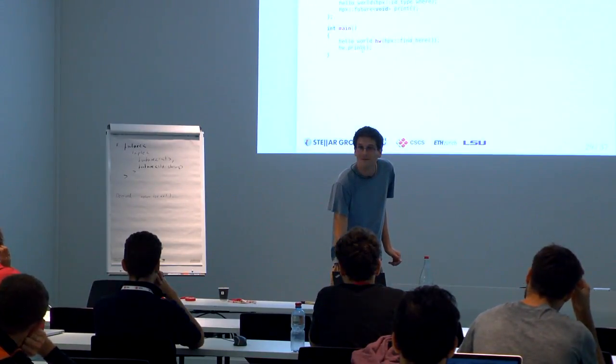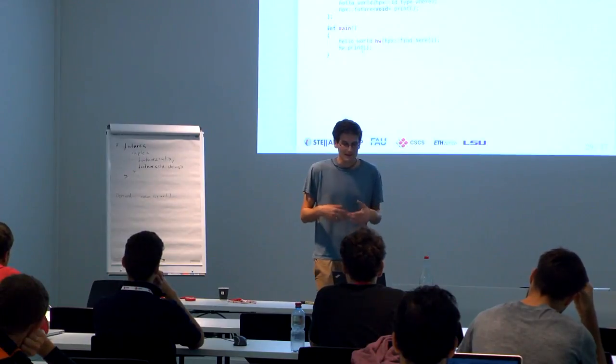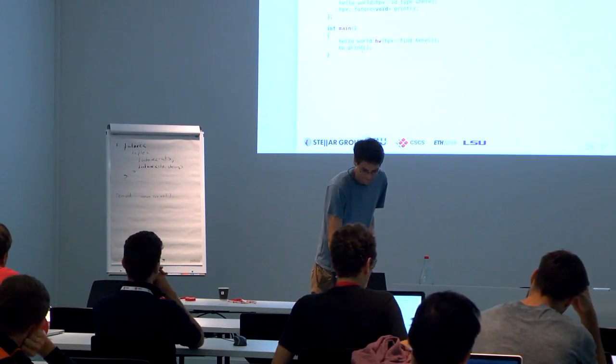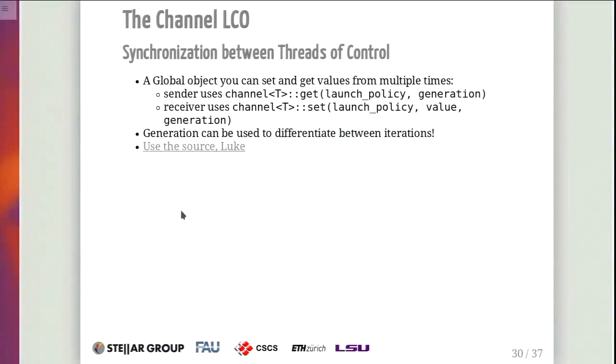So now let's use those clients. What's the channel? A channel is an implementation of this whole component interface. You have the future and the promises, which are essentially a one-shot channel, so you can stuff one value in and get one value out.